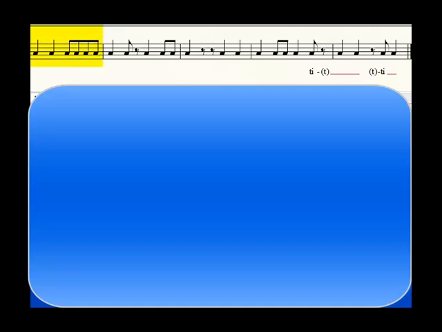Ta, ta, ti, ti, ti, ti, ta, ti, ta, ti, ti, ta, ta, ta, ta, ti, ti, ta, ti, ta, ta, ti, ta. This sheet will also be on my office door for you to practice some more.